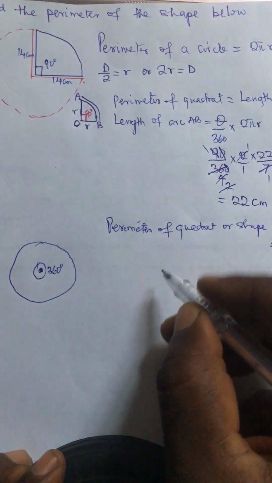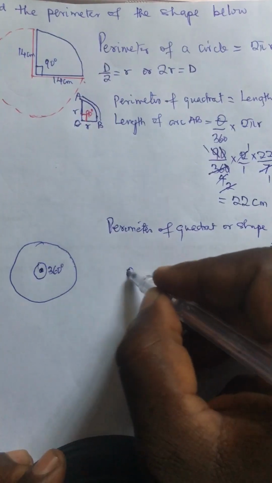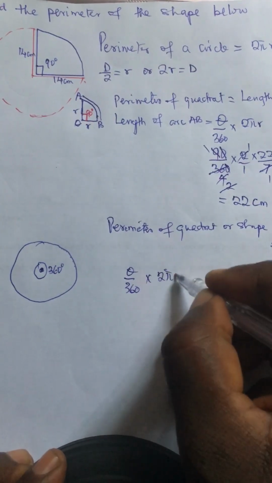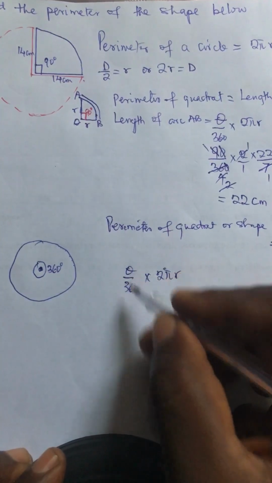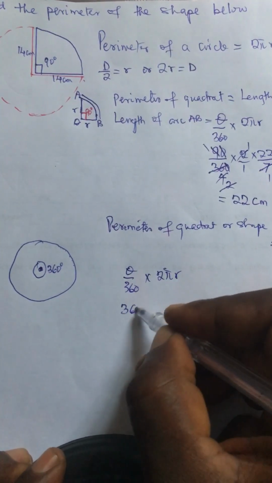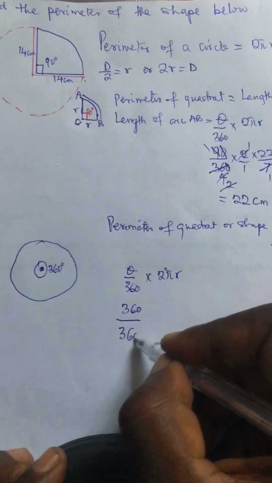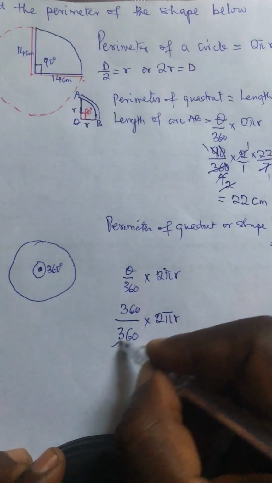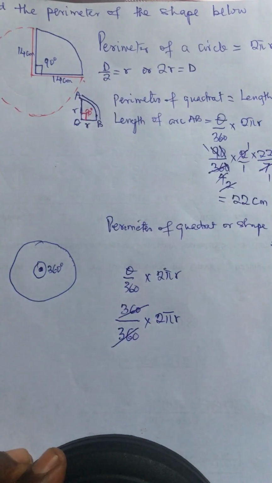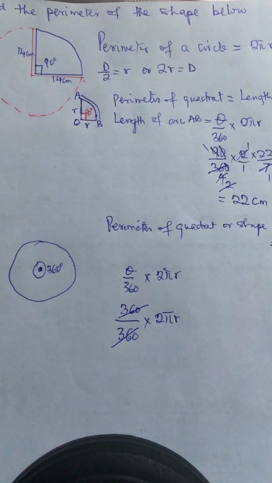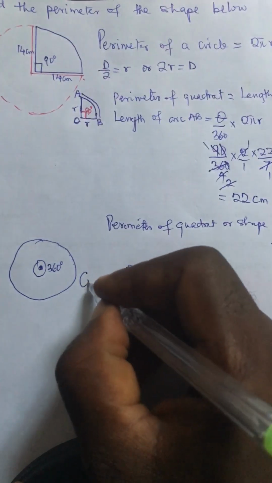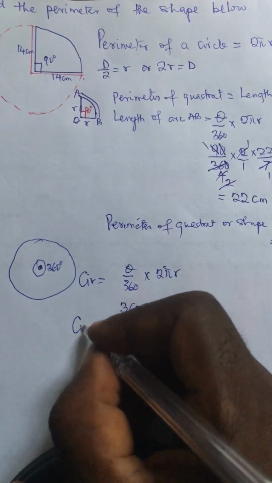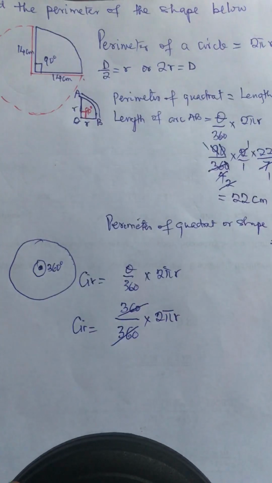Therefore, if I'm going to use the formula theta over 360 times 2 pi r, since theta is 360, I'm going to have 360 over 360 times 2 pi r. Now, of course, 360 will cancel 360, and I'm going to have simply the circumference as 2 pi r.